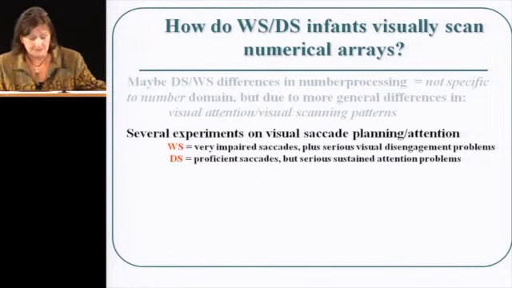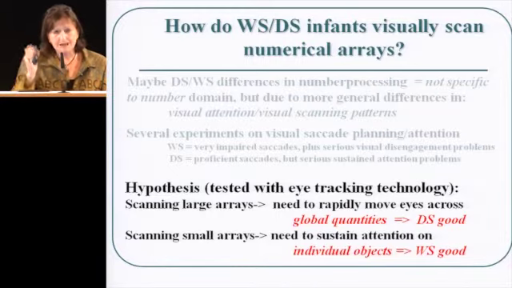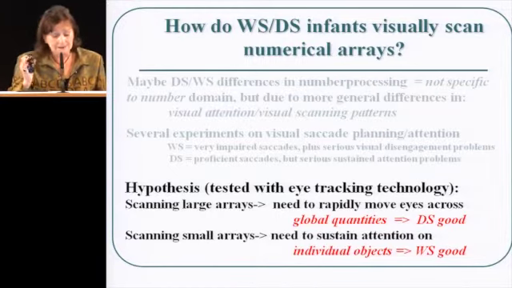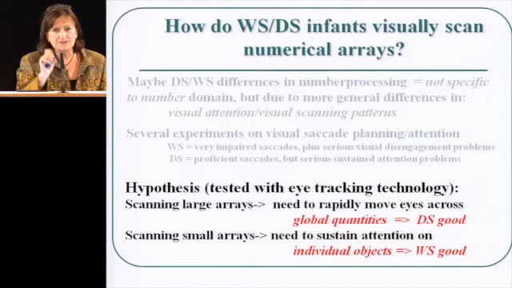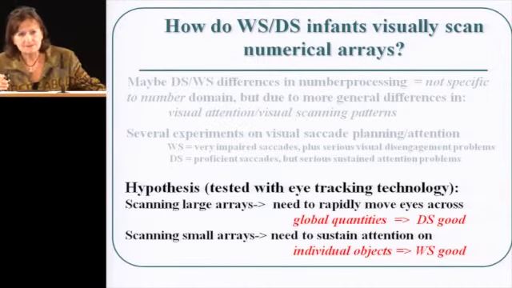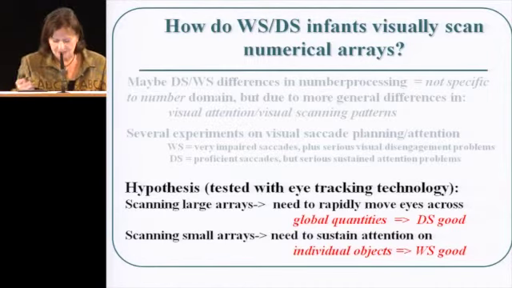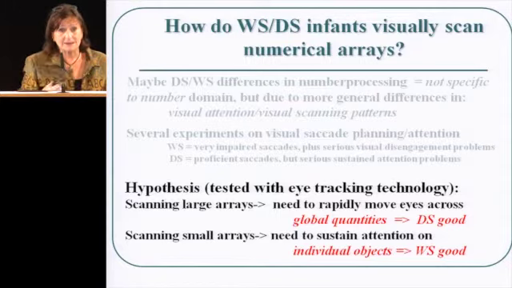So we developed the following hypothesis, and we used eye-tracking technology to test it, that maybe when you scan a large array of dots, for instance, what you need to do is rapidly move your eyes around the global entity, if you like. But when you're scanning small displays, what your brain needs to do is to focus on individual objects. And we felt maybe that would explain why the Down syndrome are good at large number and poor at small number because they can't sustain attention, and why the Williams syndrome were very good at small number but very poor at globally scanning an array.